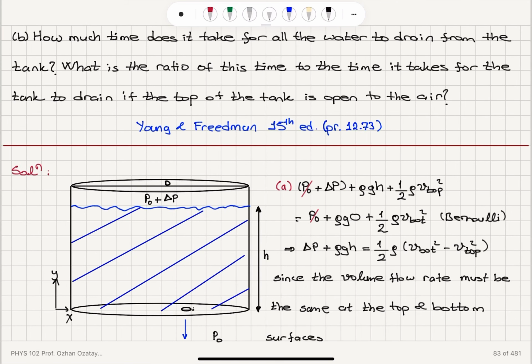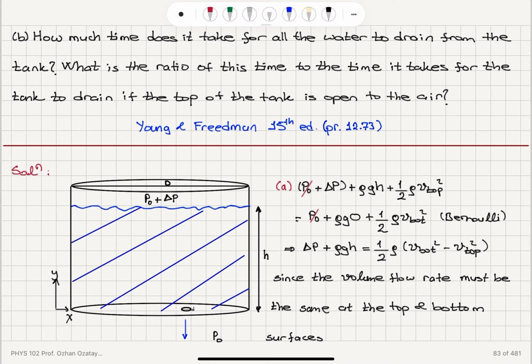In this part of the problem, first we discussed Bernoulli's equation for this tank. The tank was closed and maintained at a gauge pressure delta P, which means the pressure on the top is P0 plus delta P. We had a small hole with diameter D open to air, so atmospheric pressure P0 on the other side.